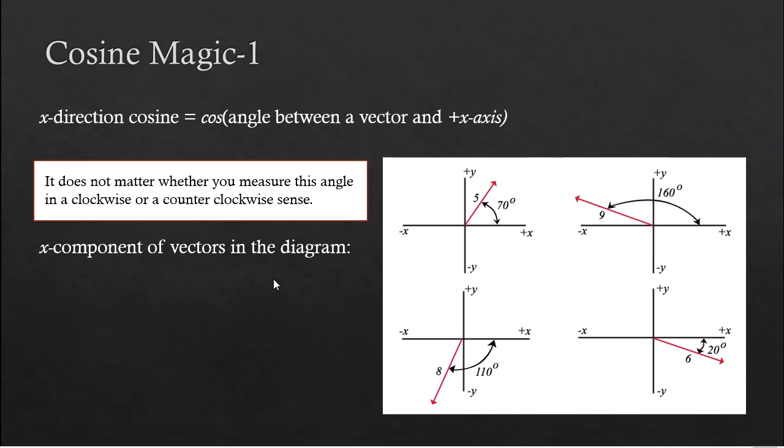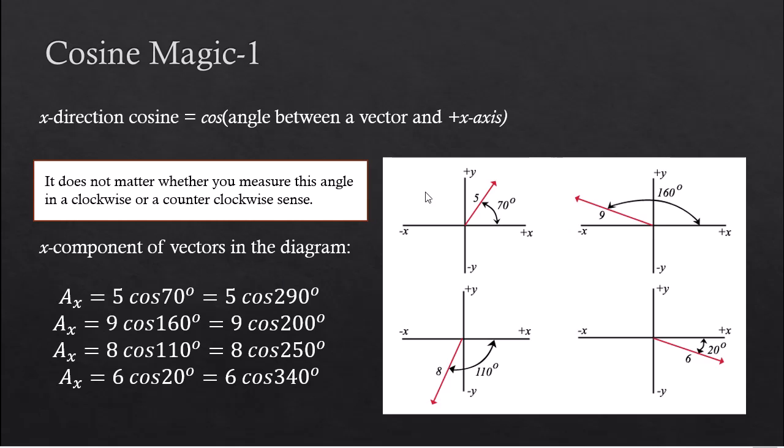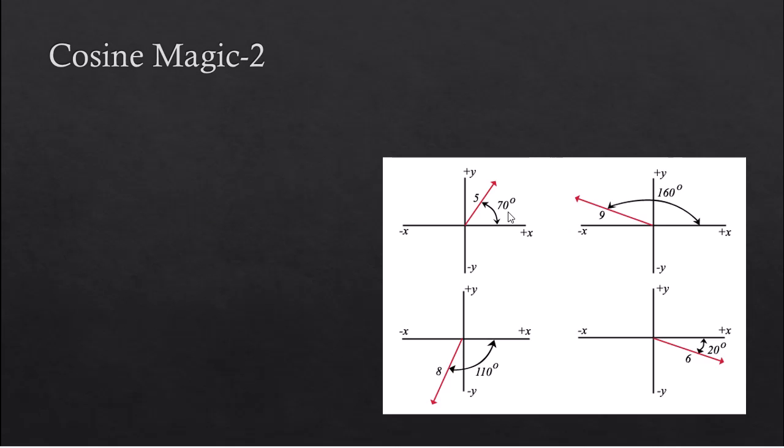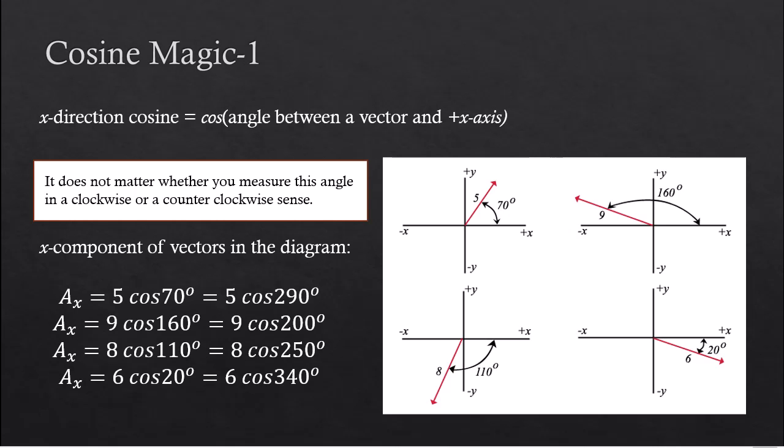So the x components of the vectors in the diagram are as follows. For this vector of magnitude 5, we can write it in two ways. The angle between the vector and the positive x-axis is either 70 degrees in a clockwise sense, or 290 degrees in a counterclockwise sense.